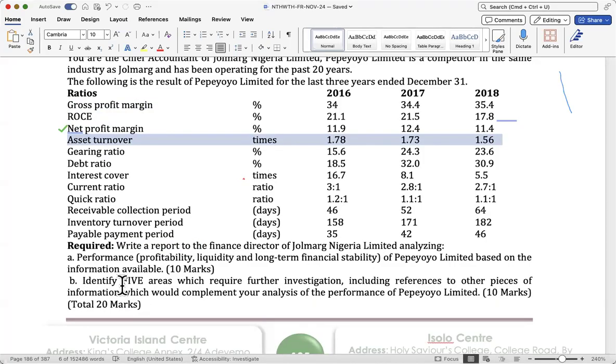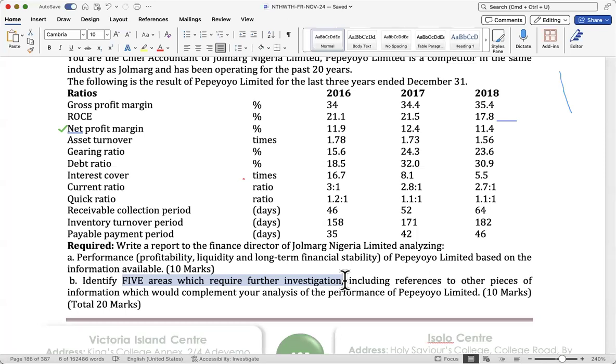And you find them even asking you, what are the areas we think we should investigate? Yes, there are some, and these majorly include looking at some qualitative factors. There are instances where you would need to explain further, like, why did their gross profit margin decline? Why did their net profit decline? Probably because they are not managing their expenses.